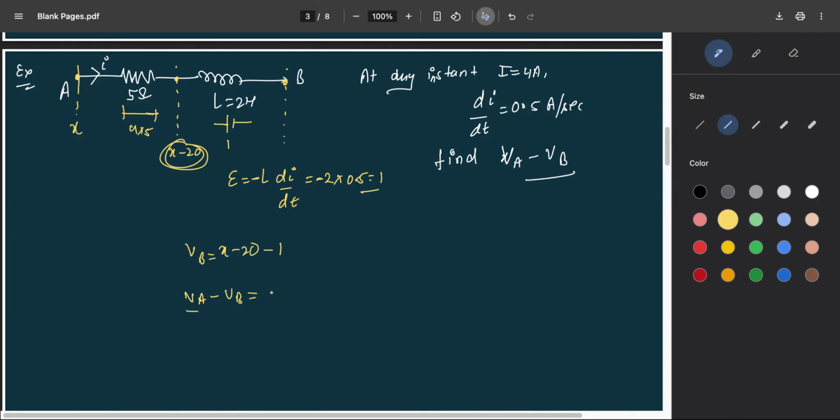VA is x, minus (x minus 21), so what is this? 21. Clear? Any doubt, Kirtana? No. I hope this is clear. Right?